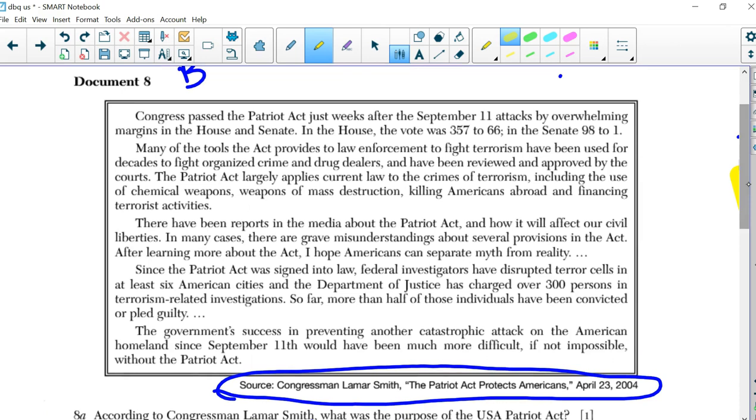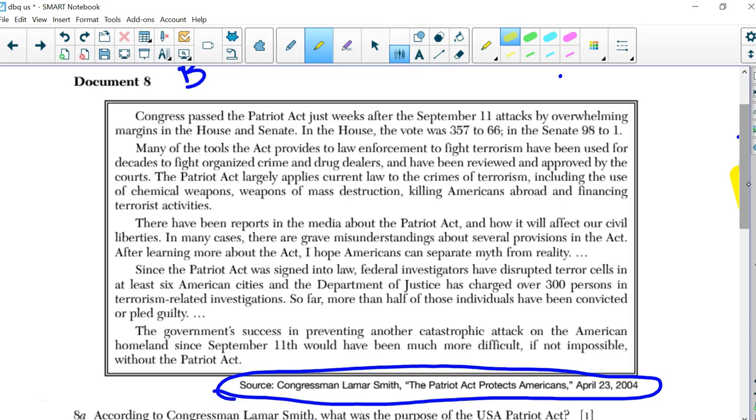Congress passed the Patriot Act just weeks after the September 11th attacks by overwhelming margins in the House and Senate. In the House, the vote was 357 to 66, and the Senate 98 to 1. Many of the tools the Act provides to law enforcement to fight terrorism have been used for decades to fight organized crime and drug dealers, and have been reviewed and approved by the courts.